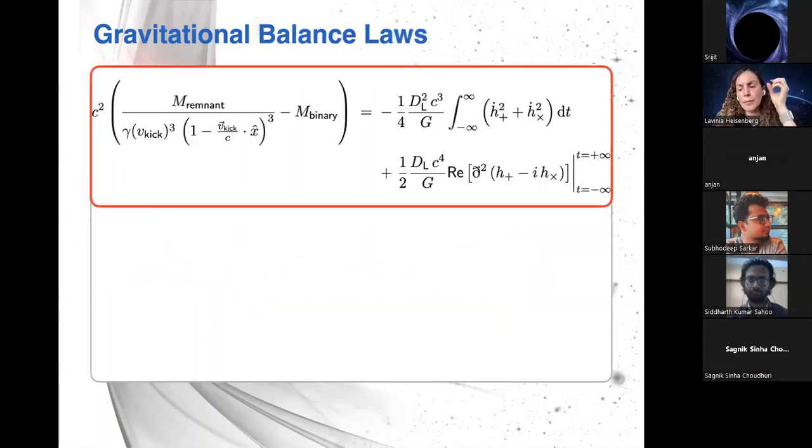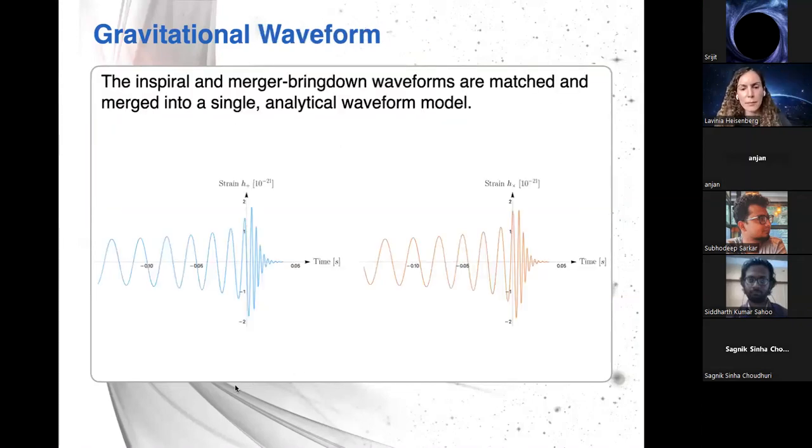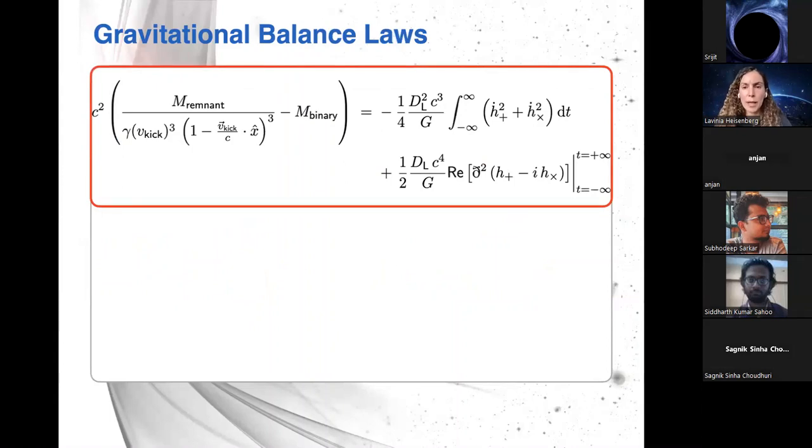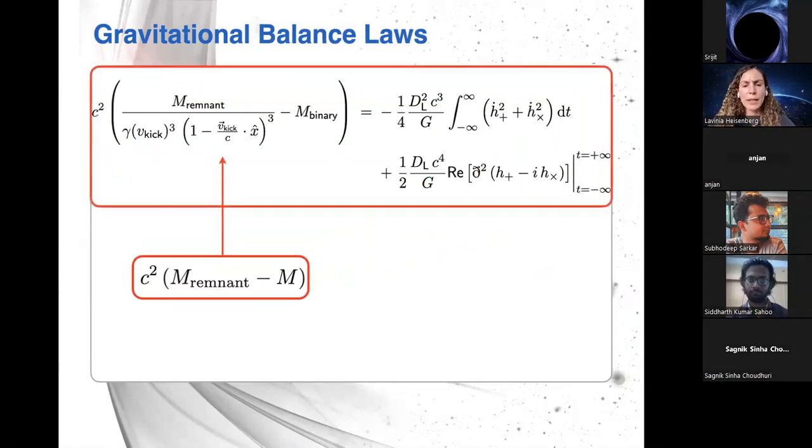Now the idea would be we take this concrete solution. We take this waveform here, which is given analytically, and then we plug this into our balance law and check how good it does the job. On the left-hand side, since in this model there was no kick velocity, it's given just in terms of this formula with kick velocity being 0.